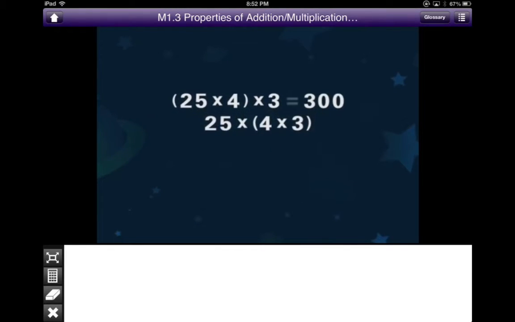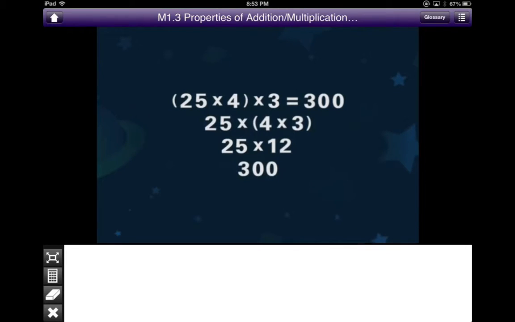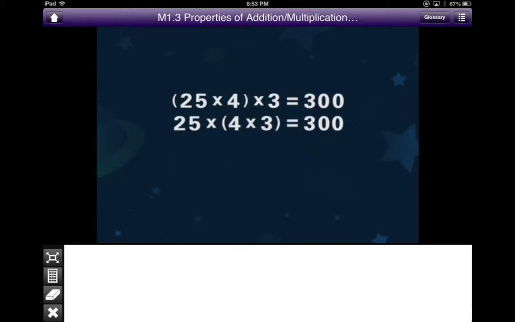Let's see if we get the same product when we multiply 25 times the quantity 4 times 3 on the calculator. 4 times 3 equals 12. And 25 times 12 is 300. So, the way 25, 4, and 3 were grouped does not change the product.